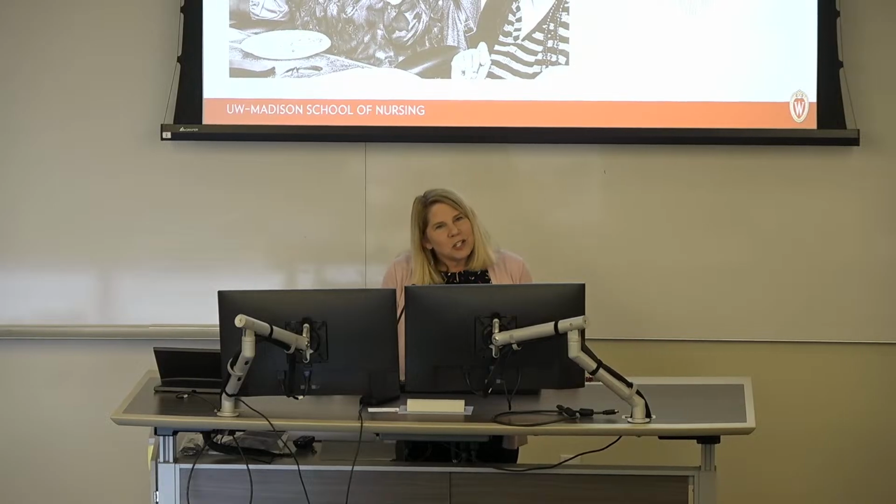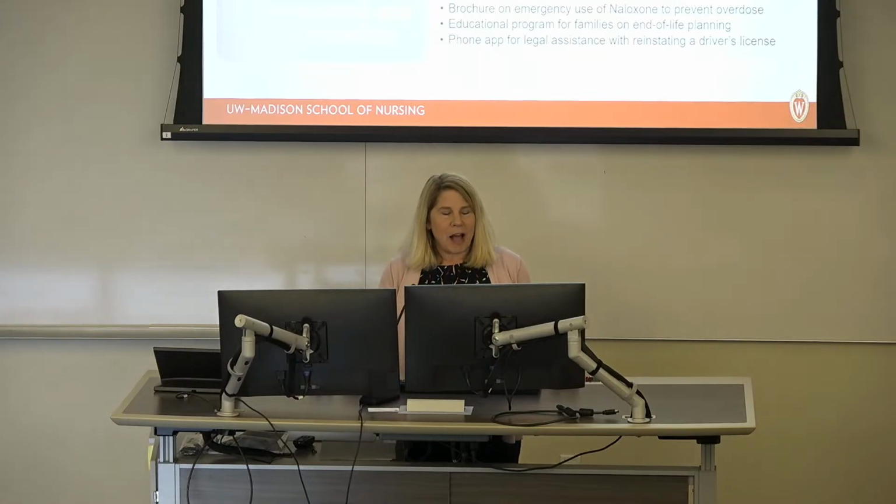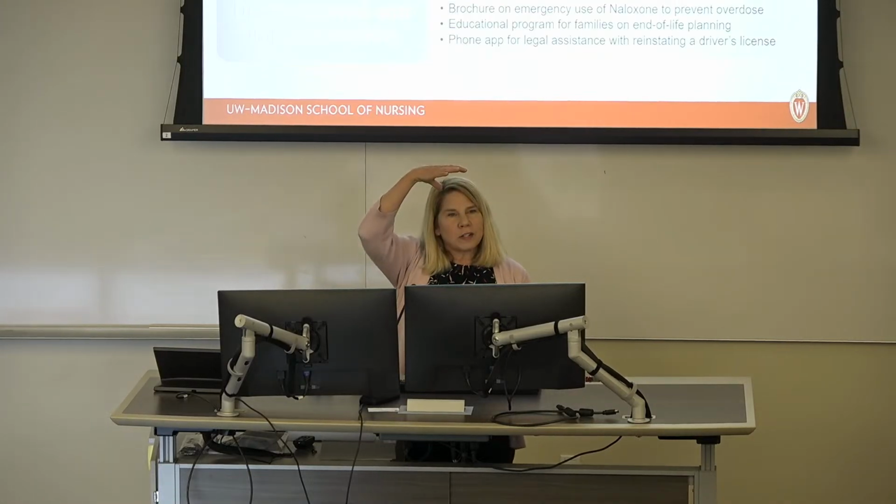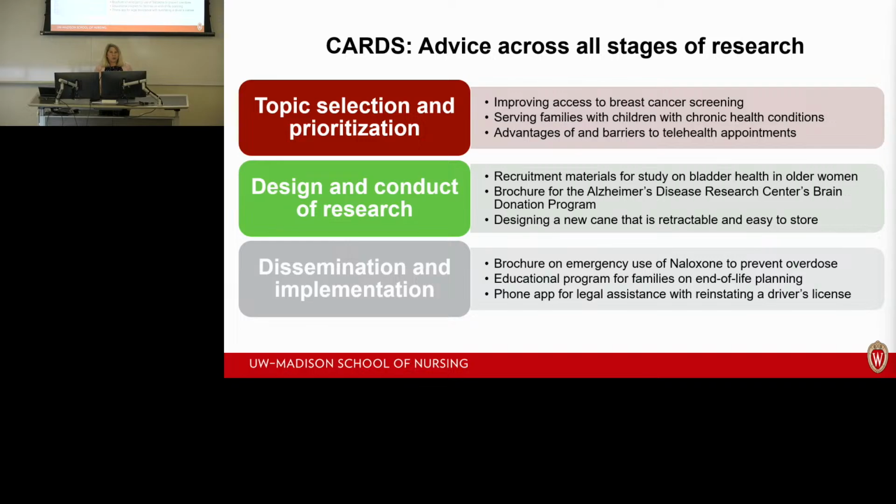And the range of the kinds of things they talk about goes all across the research spectrum. So instead of just being, hey, we've developed this intervention, what do you think? It's, hey, we're even thinking about addressing this topic. Does this topic make sense to you? Do you think this is important for the community? What elements of this topic should we focus in on?